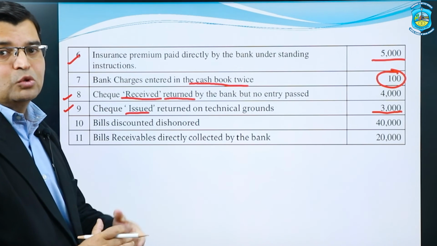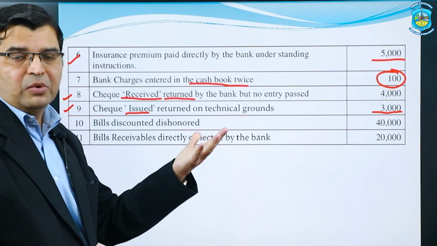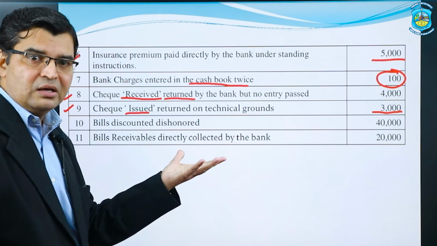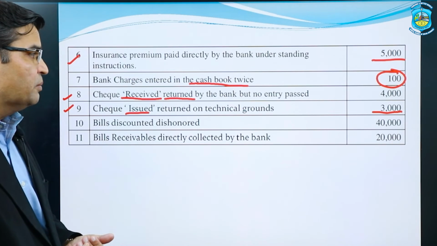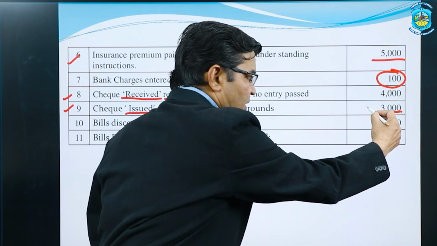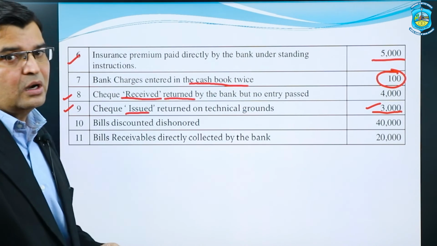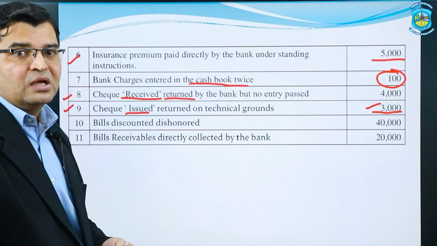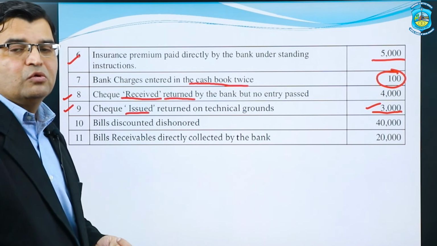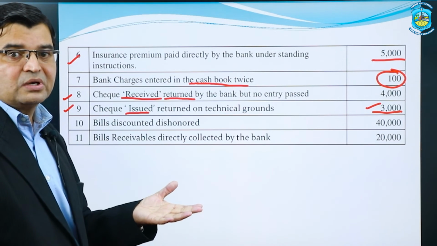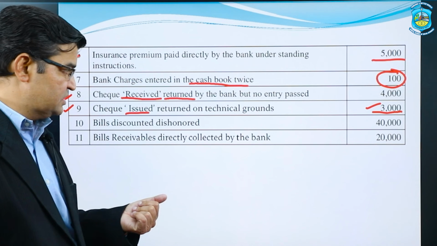It means those creditors have already presented these checks in the bank, but the bank has not paid this 3000 rupees from our account. So ultimately our account, that is passbook, has wrongly been increased in comparison with cash book balance.